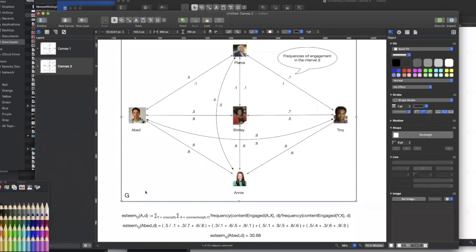So the nice thing is that, for example, suppose you were building a dApp that was just getting off the ground, right? And so you didn't have a lot of users, or maybe you had a lot of users, but they were very sparsely connected, and so they hadn't found each other yet, and so you didn't have good measures of esteem.